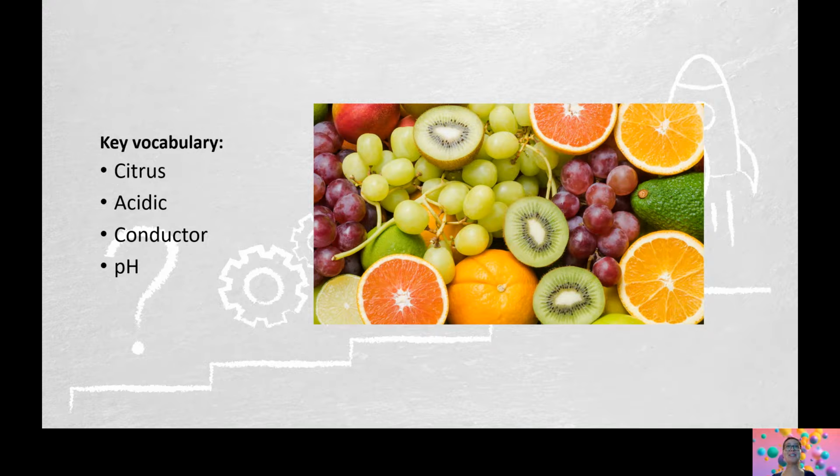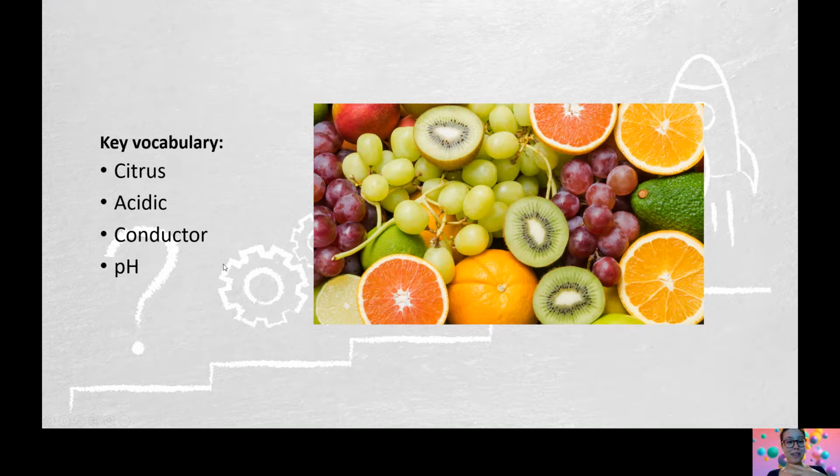Okay, and that brings us on to our next word, which is acidic. When something is acidic, it has a pH value less than 7, so it tastes sour. In this picture here, we see some acidic fruit. Kiwis are acidic. Grapefruits are acidic. Oranges, limes, and lemons.